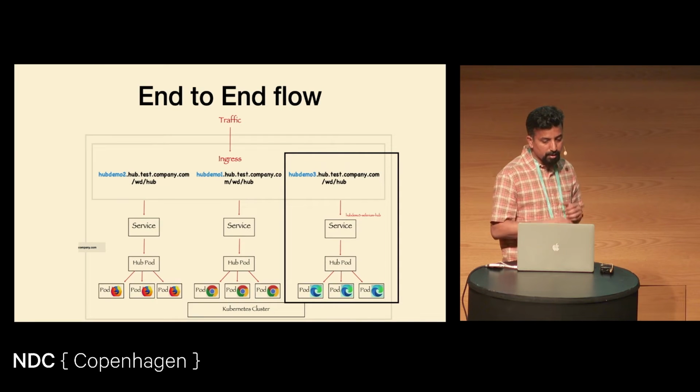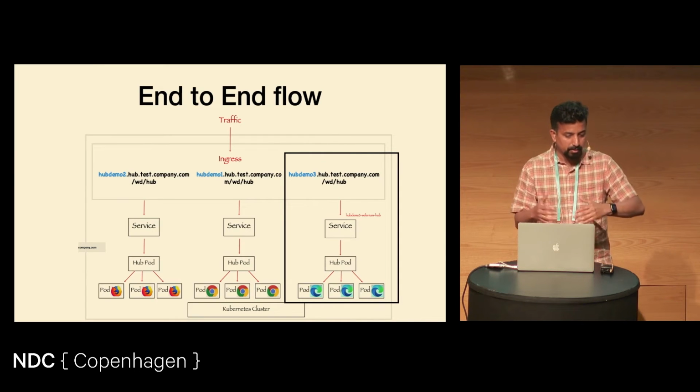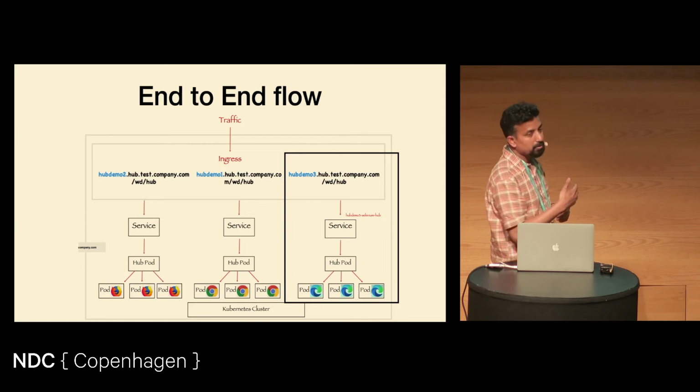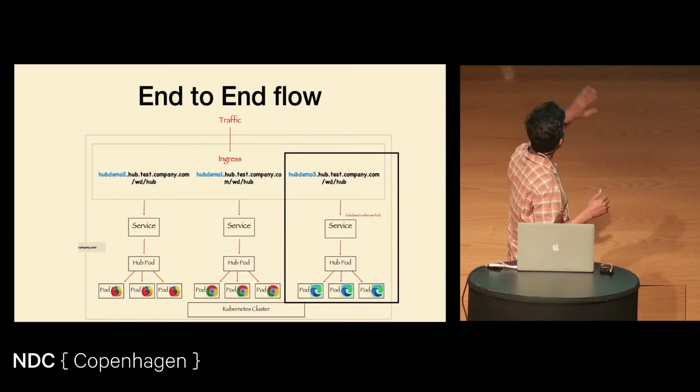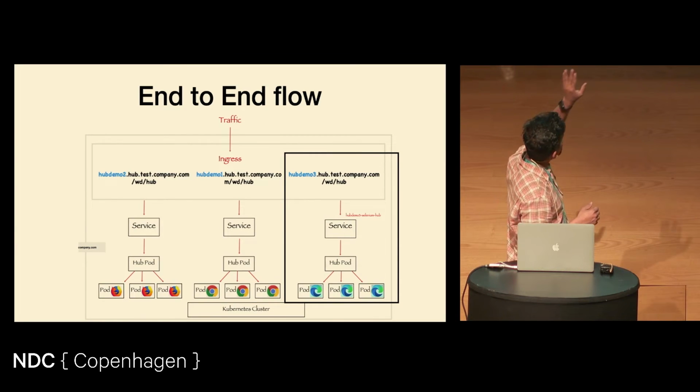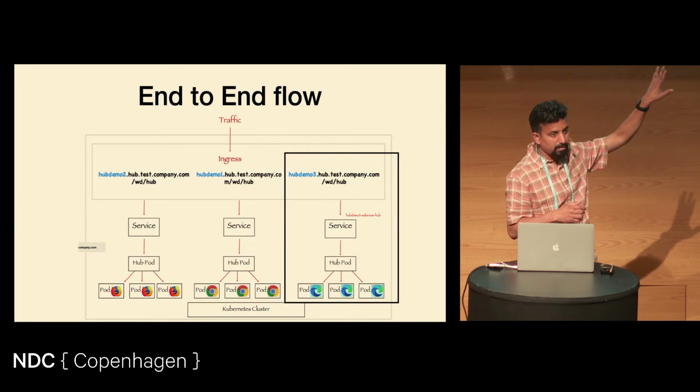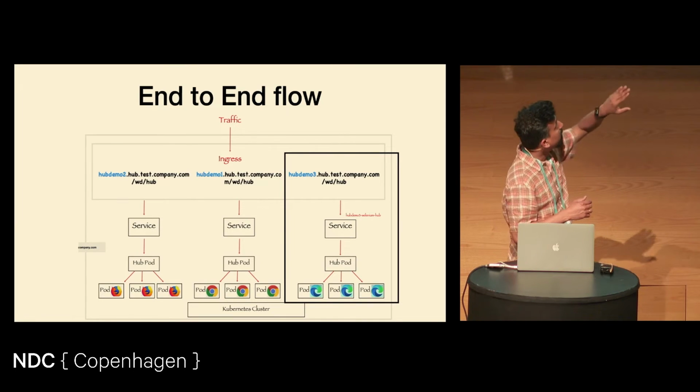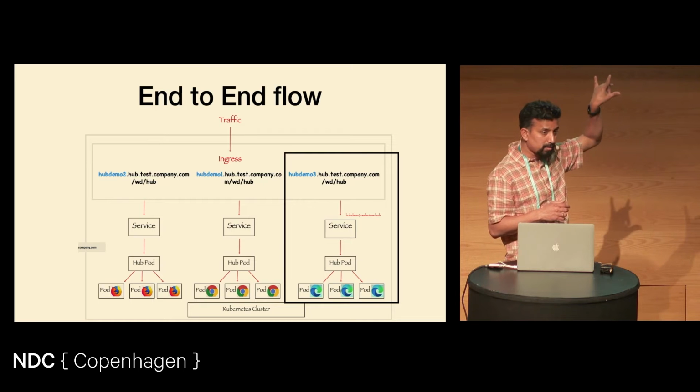Now, looking further and mapping that to Selenium Grid, I have 3 Selenium Grids running at the same time here, right? I have Hub Demo 2, Hub Demo 1, Hub Demo 3, okay? And they're all running behind the same load balancer.